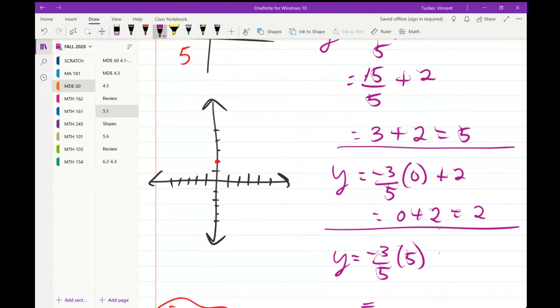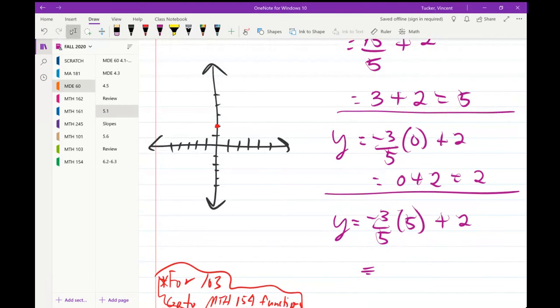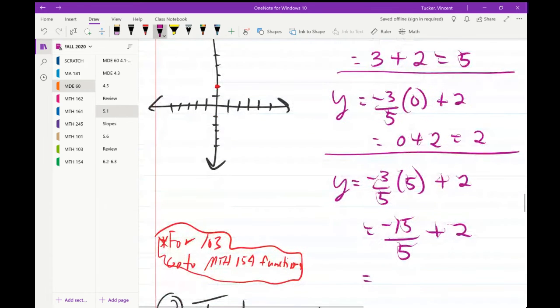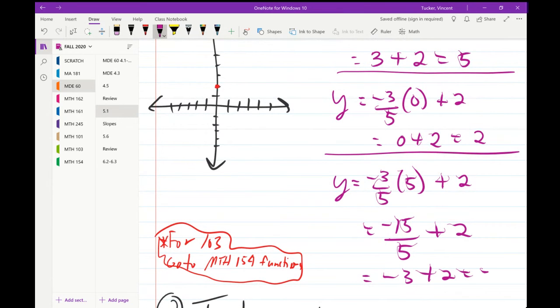And plugging in positive 5. That'll be negative 15 divided by 5 plus 2. Negative 3 plus 2 is negative 1.